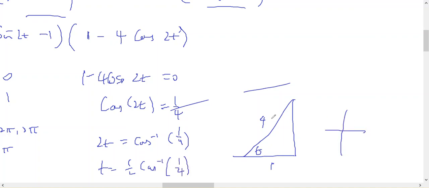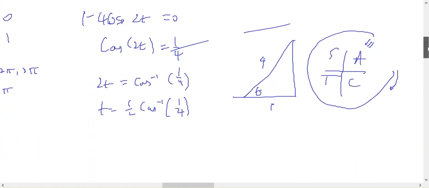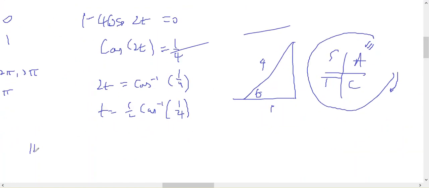And 1/4 is positive, so all stations to Kourou. The first time that's going to happen is in the first quadrant, which is this answer. The second time that happens is 2 pi minus, but that will be a bigger answer. So it's either pi on 4 or it's 1/2 the inverse cosine of 1/4.